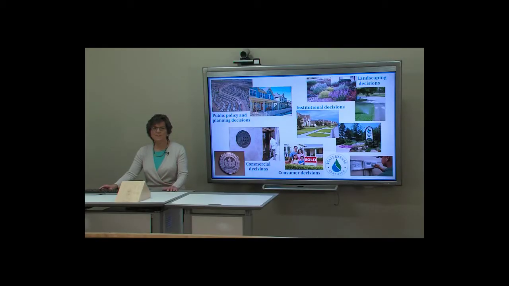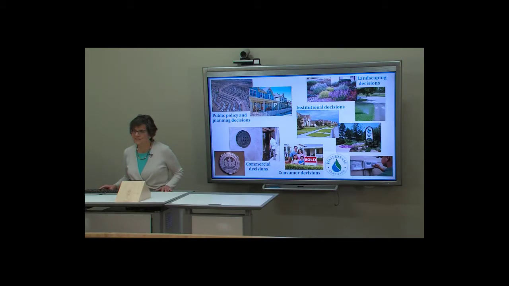So here's some types of decisions that shape urban water demand. Public policy and planning decisions are important. They help decide where new development will go, the forms that that new development will take. They can include landscape ordinances and building codes that have different effects on water use.